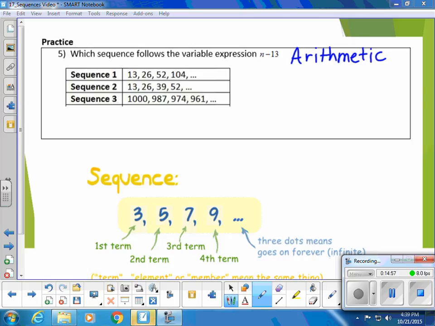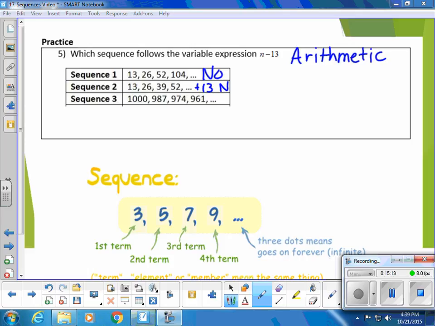My numbers have to be going down, not up. So if you look at this one, I'm going from 13 to 26 to 52. My numbers are going up, so that one is definitely not going to work. The same thing here, 13, 26, 39, I'm adding 13 each time. That is not what I'm looking for. I'm looking for a subtraction.